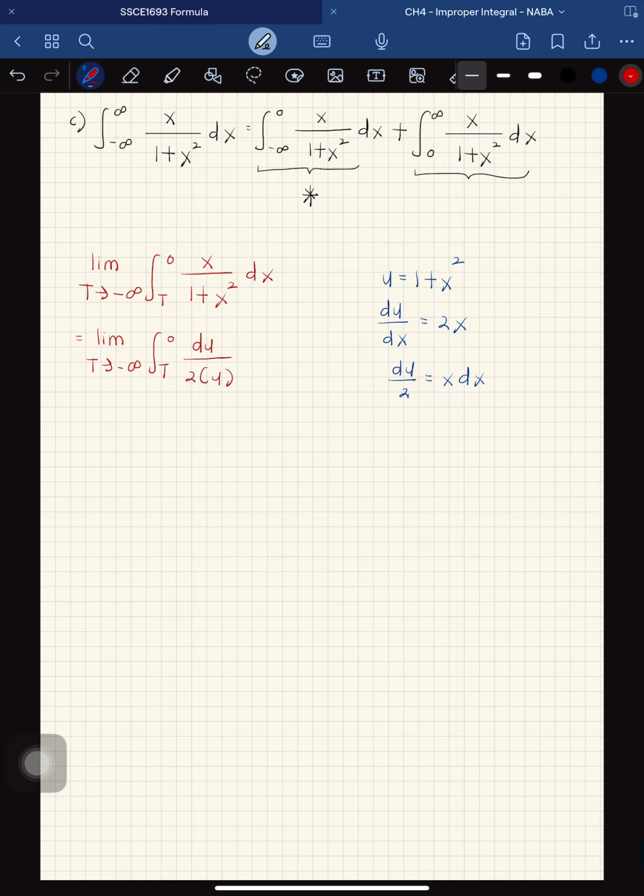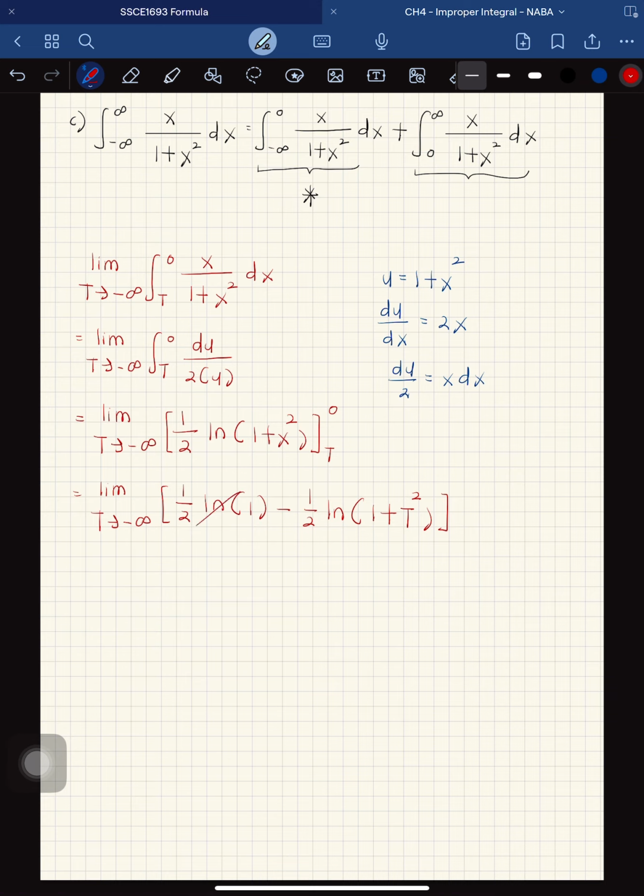So du over 2u equals the limit as t approaches negative infinity of 1 over 2 ln u, where u is 1 plus x squared, from t to 0. So the limit as t approaches negative infinity of 1 over 2 ln 1 minus 1 over 2 ln of 1 plus t squared.